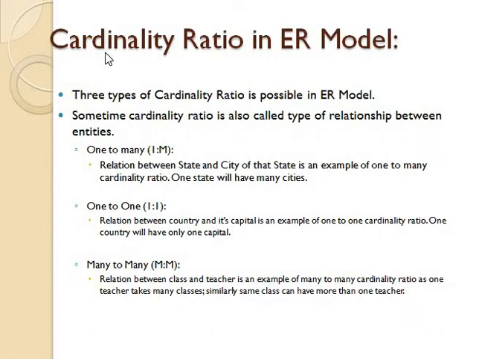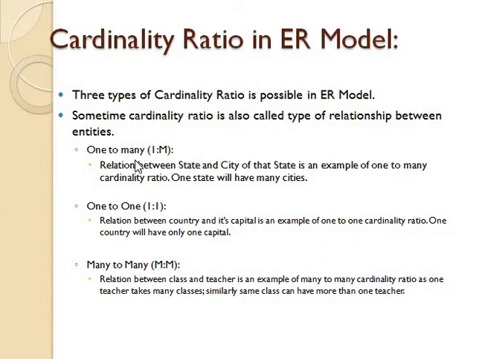Now let's come to the topic cardinality ratio of an ER model. Sometimes the cardinality ratio is also called the type of relationship between entities. There are three types of cardinality ratio that are possible in an entity relationship model. The first one is 1:many.